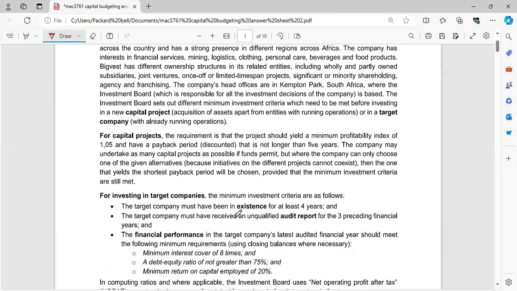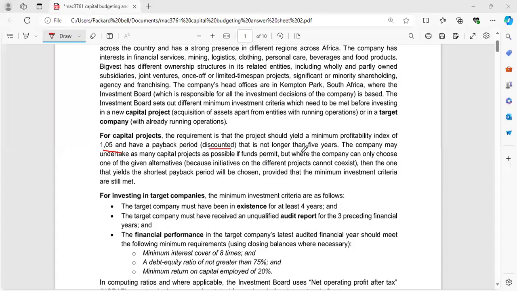Right? For capital projects, the requirement is that the project should yield a minimum profitability index of 1.05 and have a payback, and the payback must be discounted.